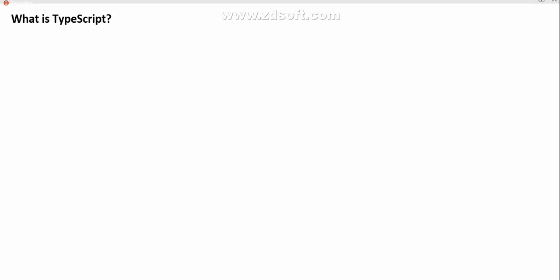Technically, TypeScript is an open source cross-platform language.